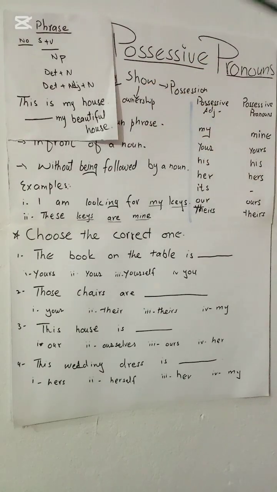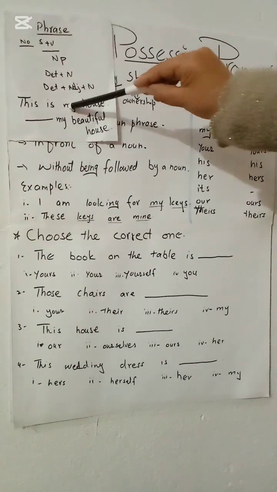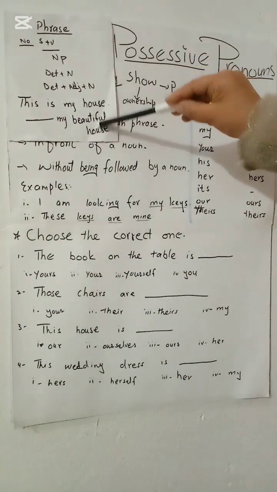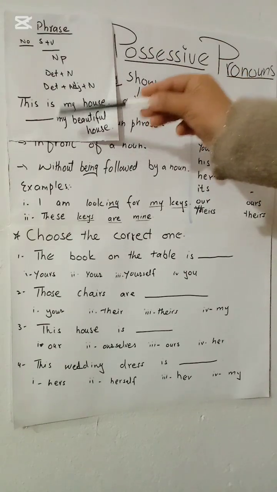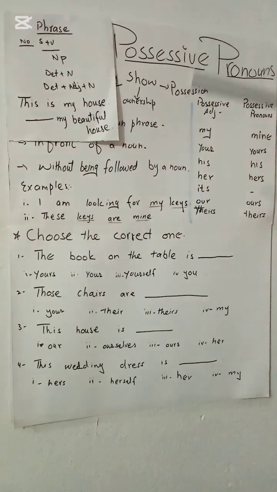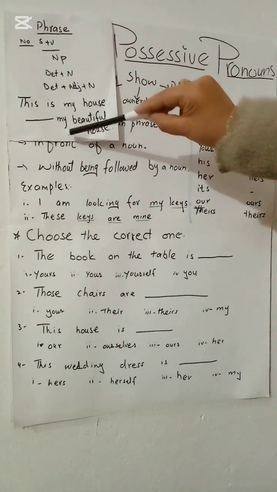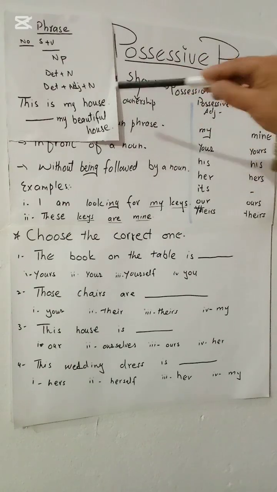These two words together make a noun phrase. House is the noun and my is the determiner. Similarly, this is my book, this is my pen, or this is my beautiful house, or my beautiful pen. In this way you have determiner plus adjective plus noun together. This is the noun phrase.